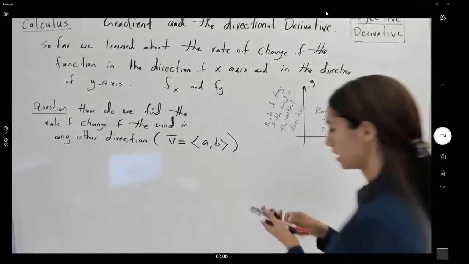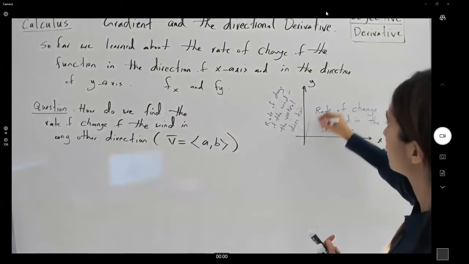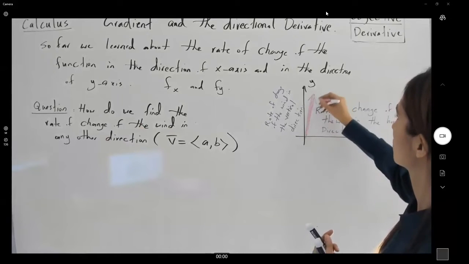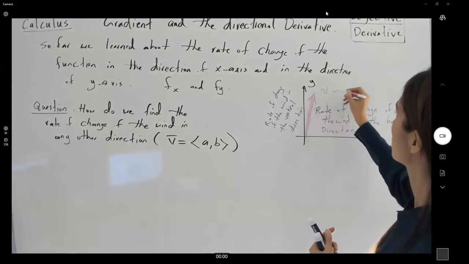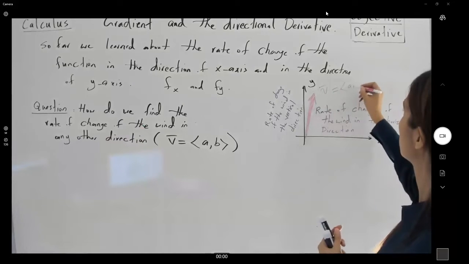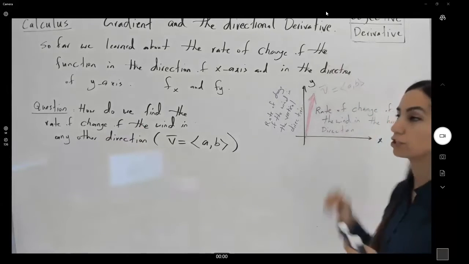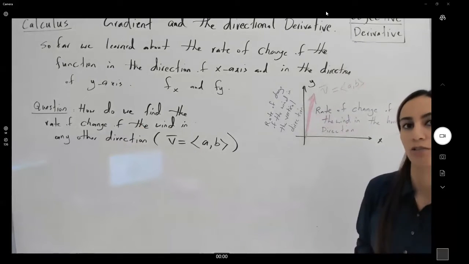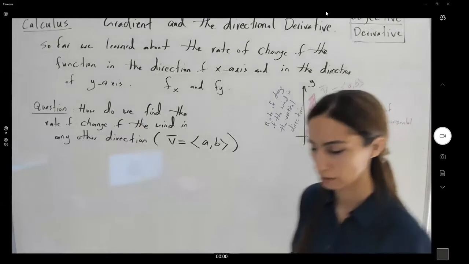So I'm saying that, hey, suppose now I have this direction. This is my direction, v, and I'm interested in finding the rate of change of the wind in this direction. How do I calculate that? Okay, there you go.